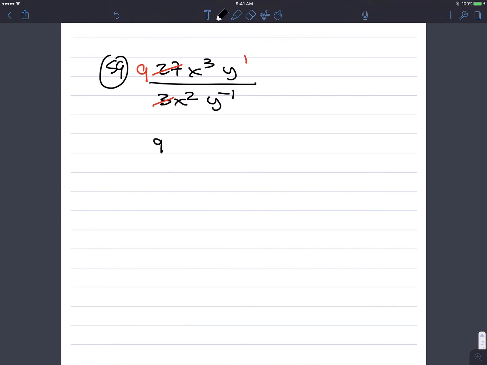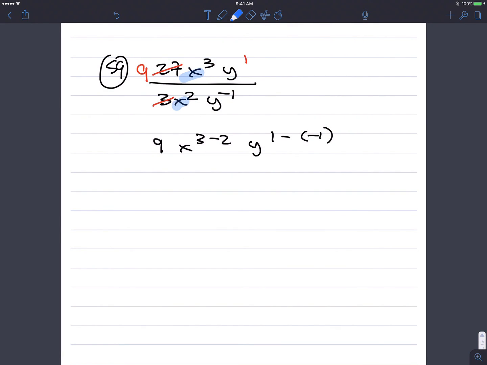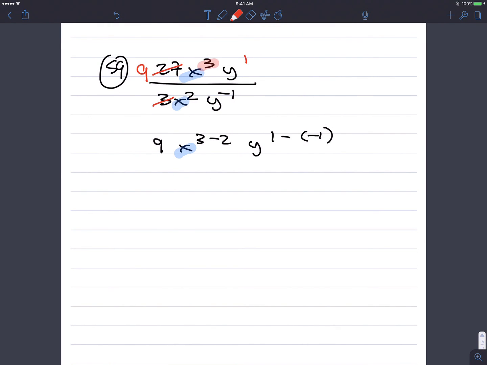Now let's write down what we have. 9x to the, this will be 3 minus 2, y to the 1 minus a negative 1. Because again, we keep the base as x, since we're dividing, and we subtract the powers. 3 minus that subtraction, the 2. Here we go.